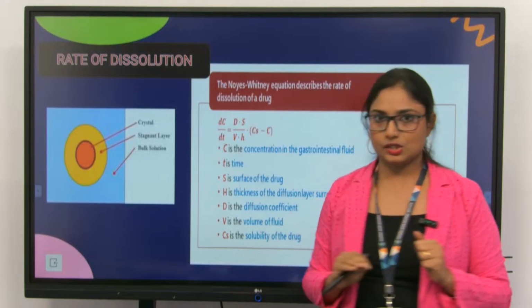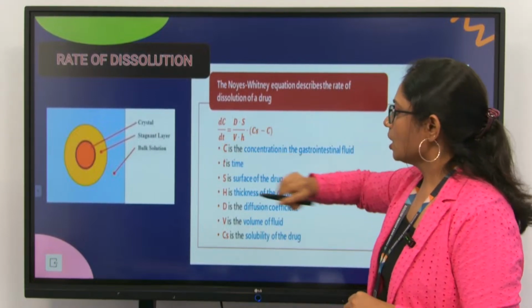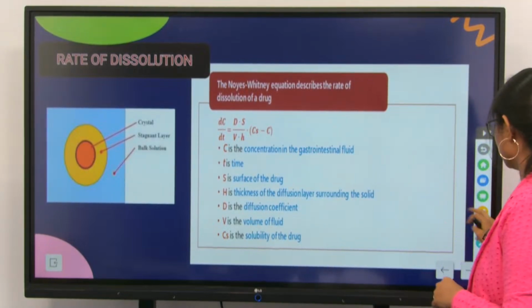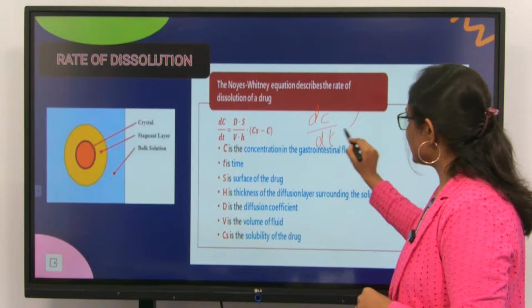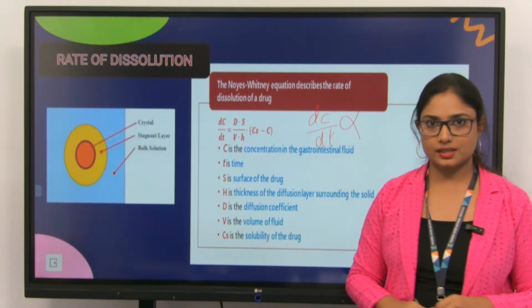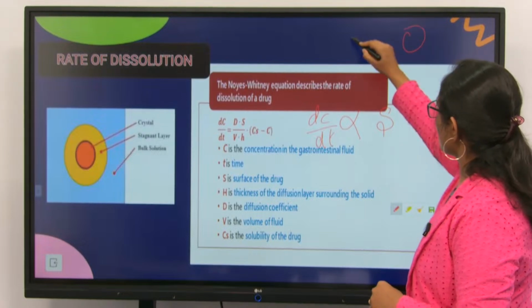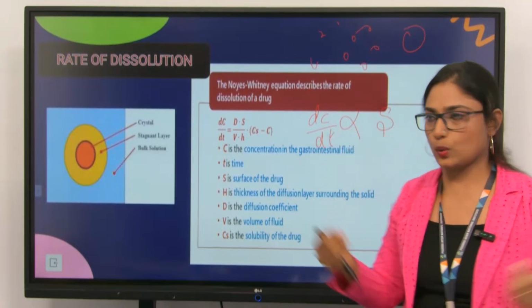So here dC by dt is directly proportional to the surface area, because the more the number of granules, the more drug will get dissolved in the GI fluid.